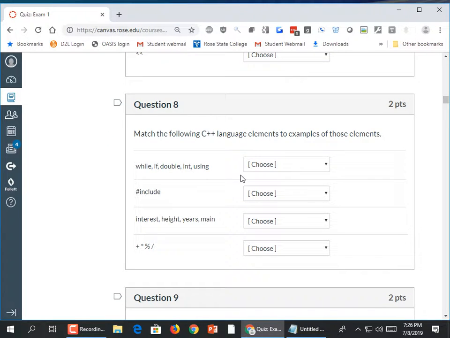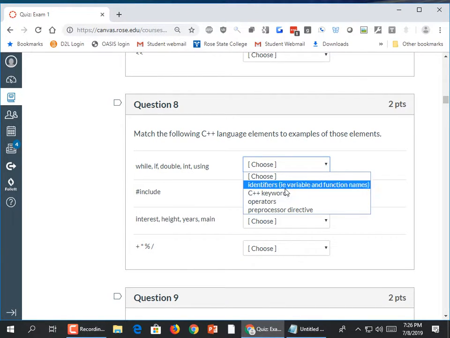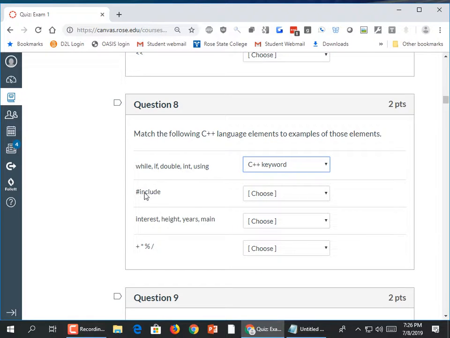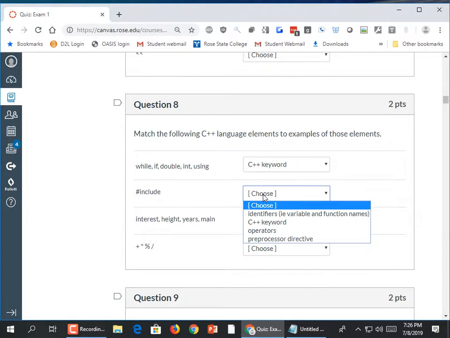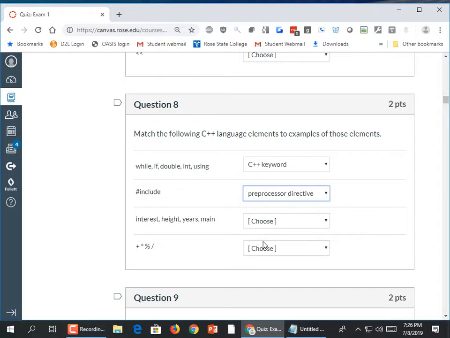Match the following elements. Well, if they are words, but they are not variable names, then that makes them keywords. If they begin with a pound sign, with a hash, that makes them a preprocessor directive.